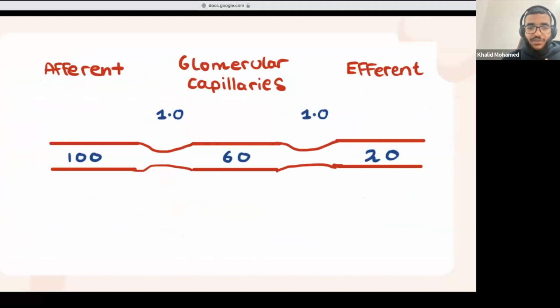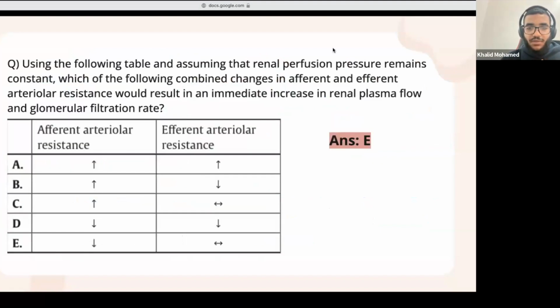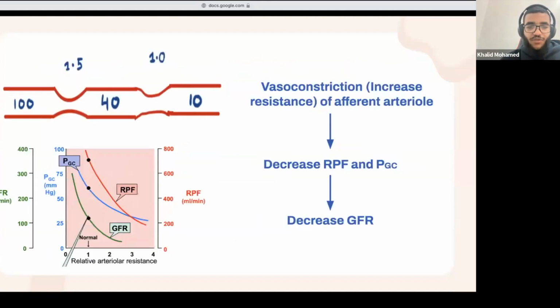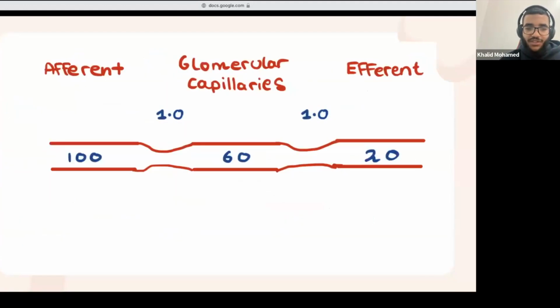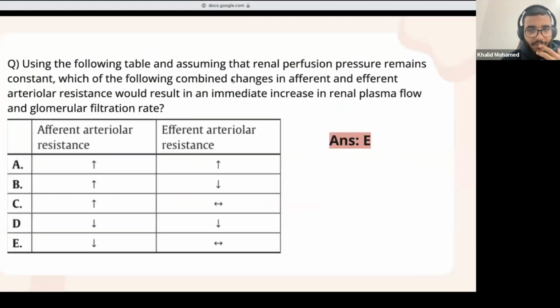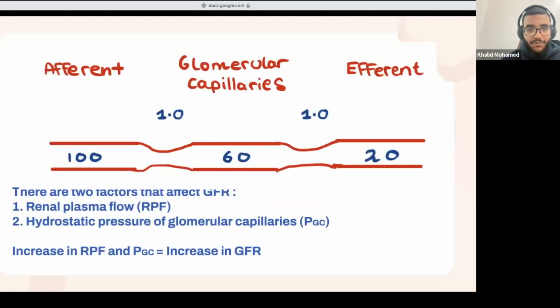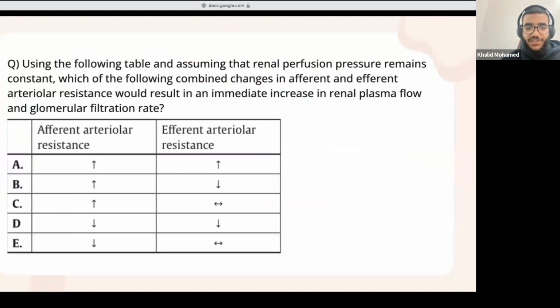Now we go back to the question. It said, which of the following will result in immediate increase in renal plasma flow and GFR? And we just discussed that increasing the resistance over here will decrease GFR. So if we decrease the resistance, which is basically vasodilating, then we'll have the opposite effect, which is an increase in GFR.